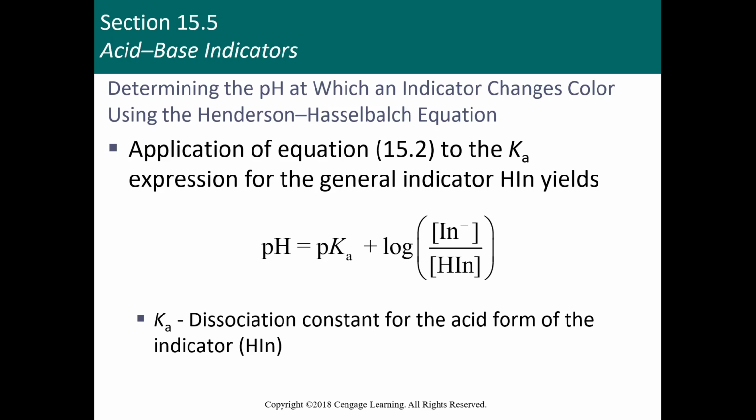So if we apply this equation to the Ka expression for our general indicator, this yields this right here. And so we have the pH equals the pKa plus the log of the base over the acid. Same as all other Henderson-Hasselbalch equations. So again, this pKa is going to be the dissociation constant for the acid form of the indicator.